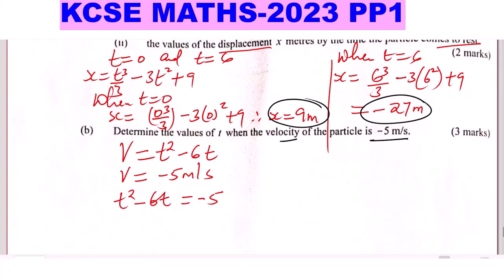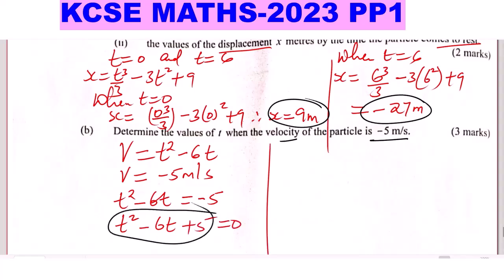So you notice that this one will form a quadratic equation. t squared minus 6t, bring negative 5 to the left hand side, you get plus 5 is equal to 0. So you simply need to solve this. When you factorize, you're looking for two numbers whose product is 5 and sum is negative 6. These will be negative 5 and negative 1.